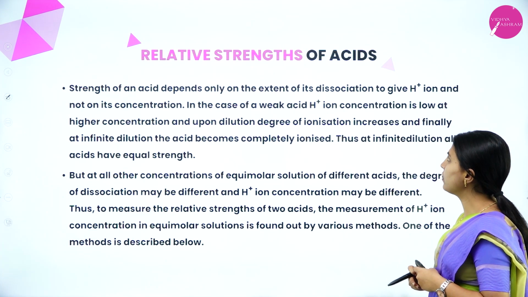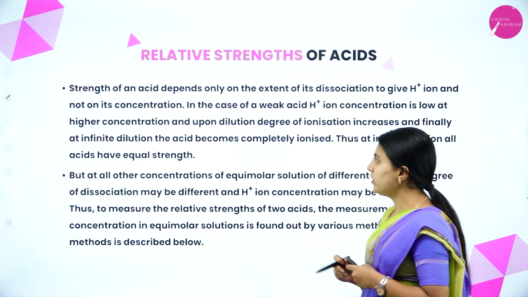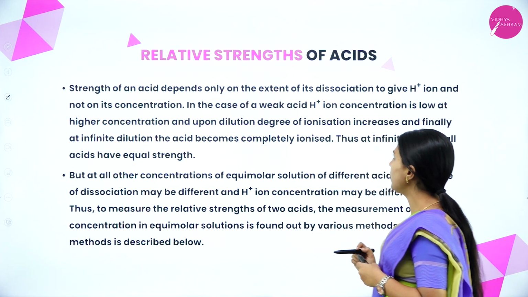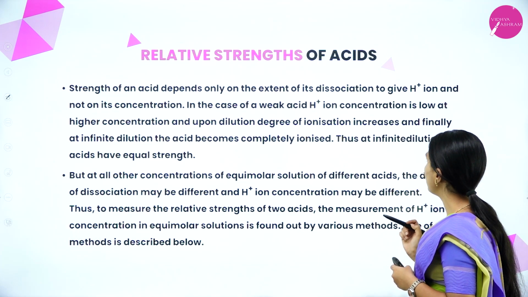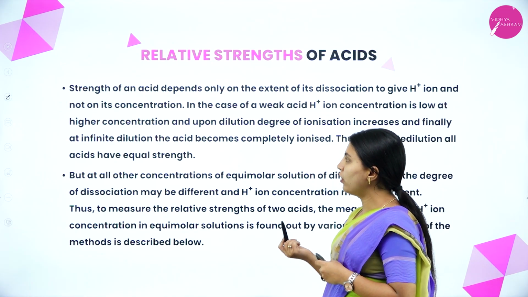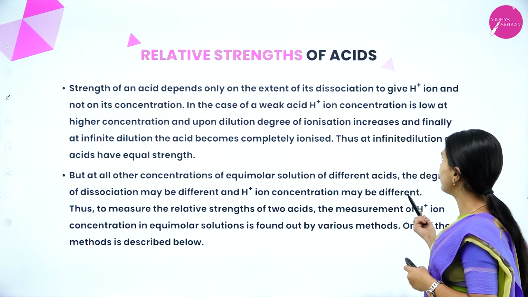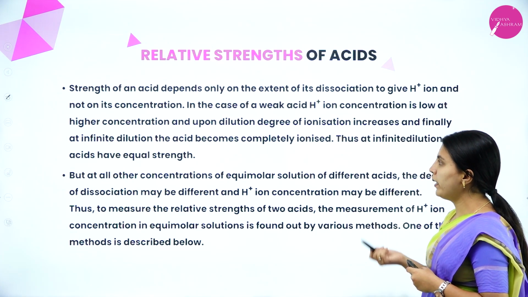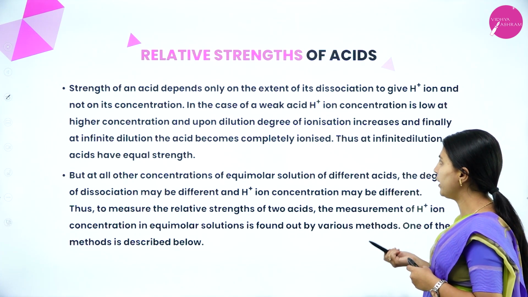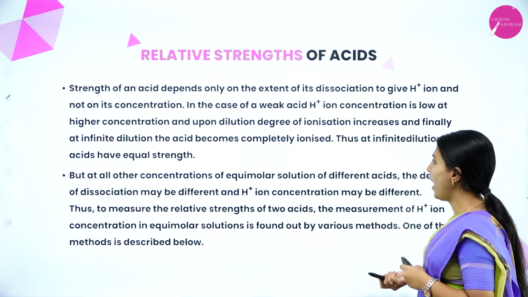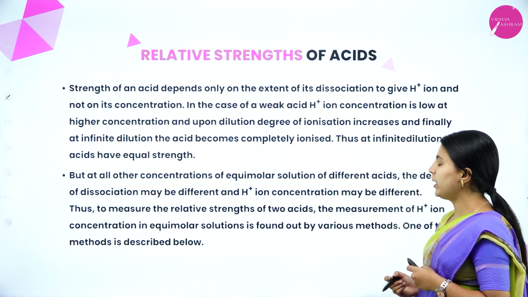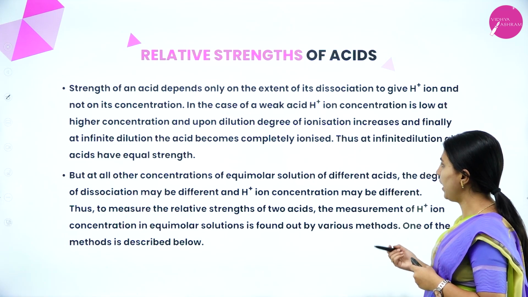Next, relative strength of acid. The strength of an acid depends only on the extent of its dissociation to give H plus ions, not on its concentration. In the case of a weak acid, the H plus ion concentration is low. At higher concentration and upon dilution, the degree of ionization increases, and finally at infinite dilution, the acid becomes completely ionized.